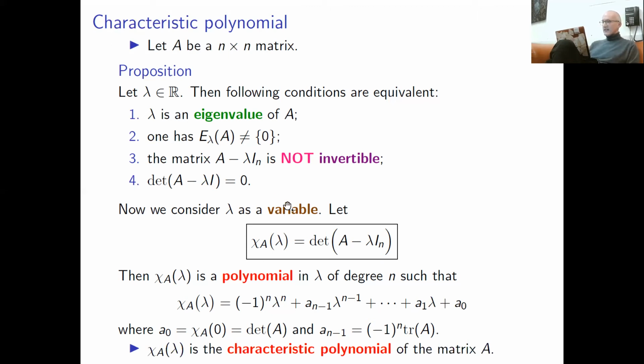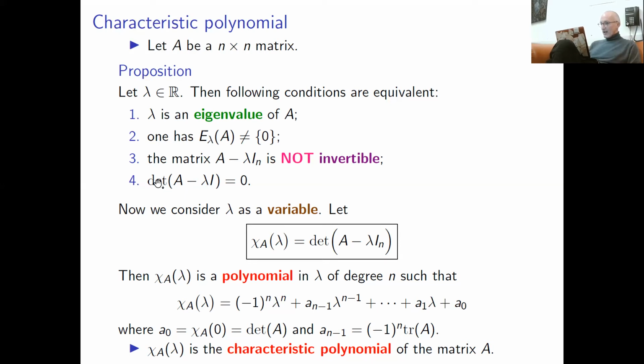And basically, this definition is just this. You take matrix A, you take some unknown variable lambda, and you subtract: A minus lambda times the identity. So what you are doing is subtracting lambda from the diagonal of matrix A, and then you take the determinant. When n is 2 or 3, this is quite easy to write down explicitly. We will see it in some examples.